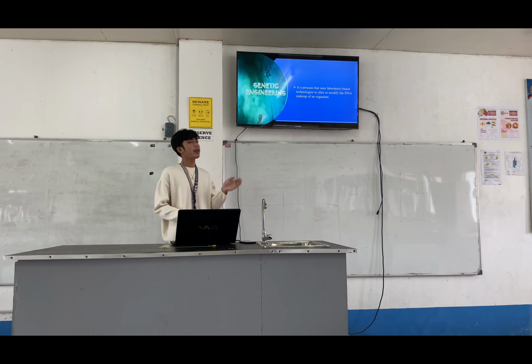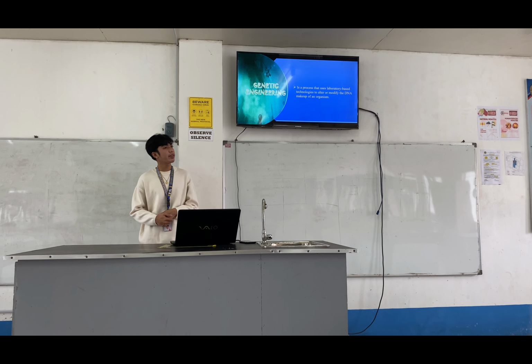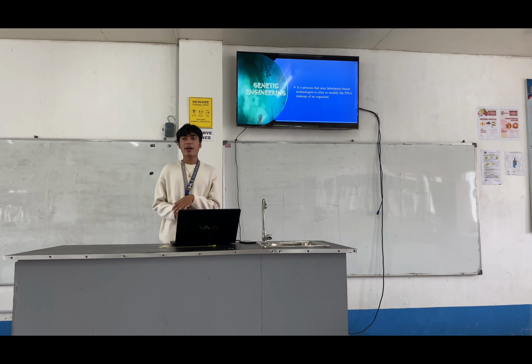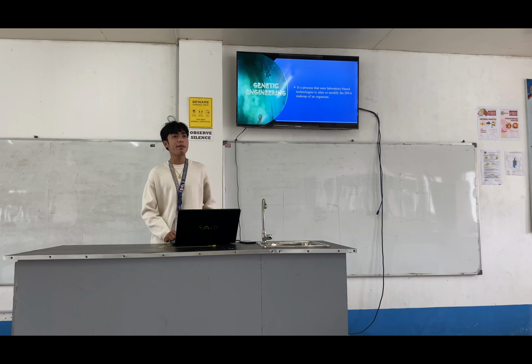One of the best examples of this is corn. Before, corn was very small, so it could not meet the demands of society, so they modified the genetic makeup of the organism and made hybrid organisms. Instead of being small, corn is bigger today.